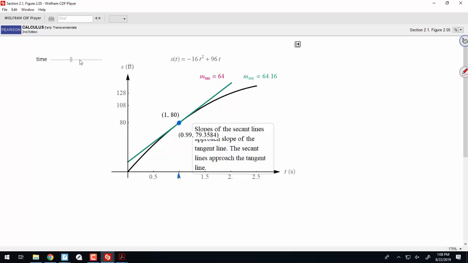Okay. So what you're seeing unfold is the process of a limit. What we're calculating varies from problem to problem, but that is a good visual representation of a limit as we've seen it so far.